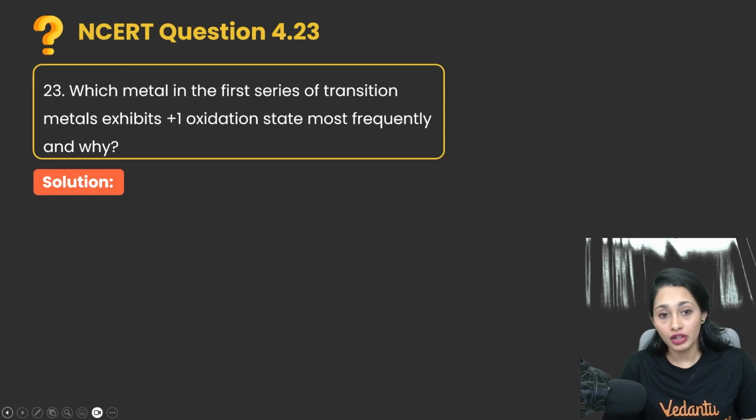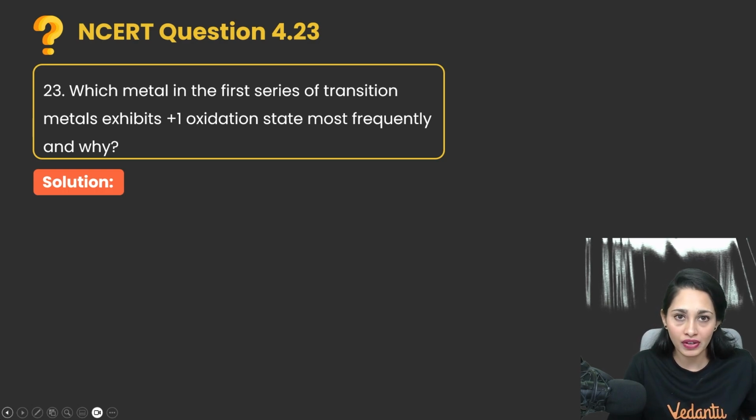Which metal in the first series of transition metals exhibits +1 oxidation state most frequently and why? This has something to do with achieving a stable configuration.